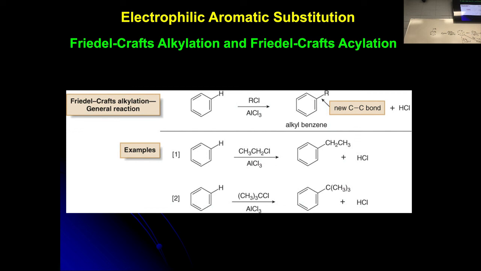Why is that okay here? Because it's tertiary. It's the same first step, but benzene can't attack this, it's too crowded, so the leaving group has to leave to give me the tertiary carbocation. Can that rearrange to a more stable carbocation? No, so it doesn't.